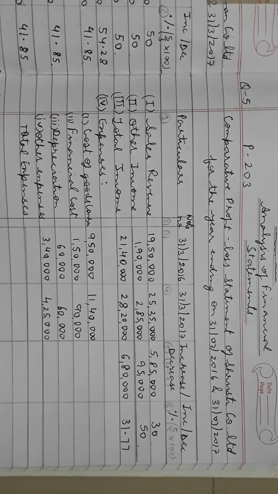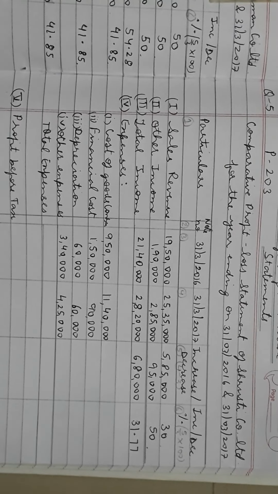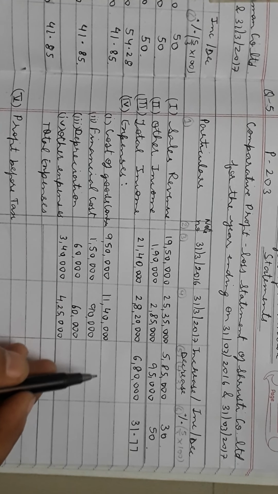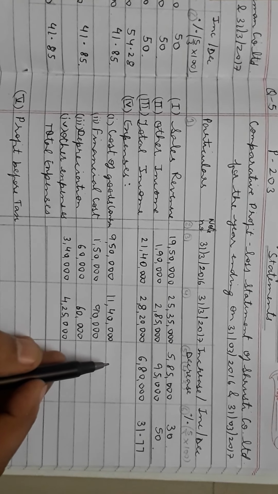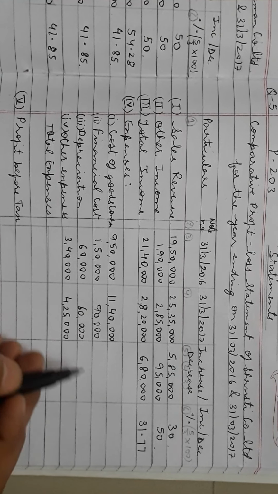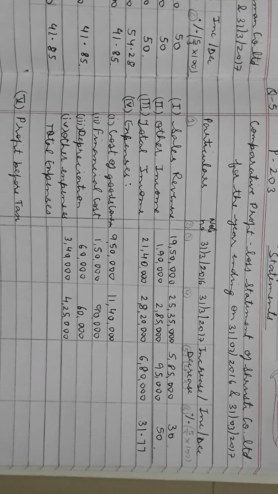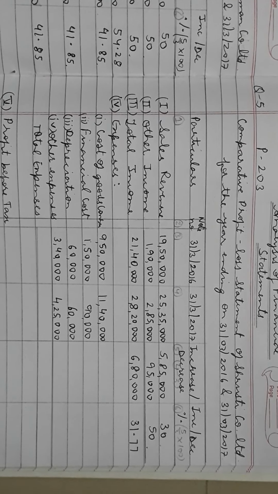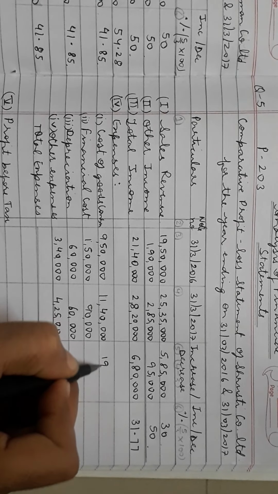Now we'll solve. Here we will find out the total amount of increase decrease first, then percentage. 11,40,000 minus 9,50,000, that comes 1,90,000.